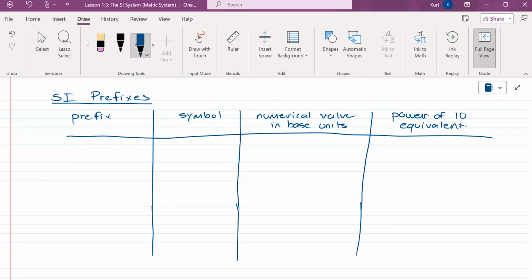Here we are. The first one is going to be pico. The symbol for pico is a lowercase p. And it is, you ready for this? 1, 2, 3, 4, 5, 6, 7, 8, 9, 10, 11, 12. It is 1 over 1 of a base unit.